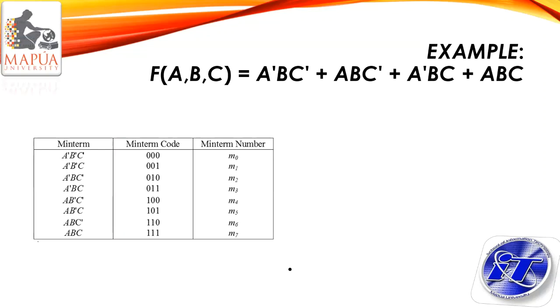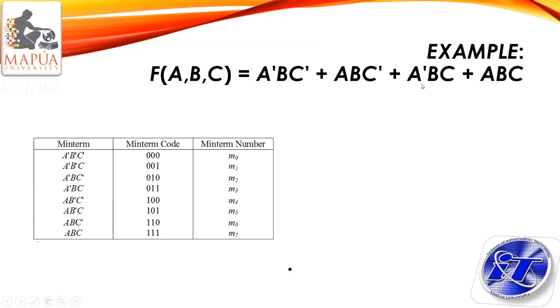Now you may ask what the values are for terms not included in our SOP. For those which are not part of this equation, the output is 0.